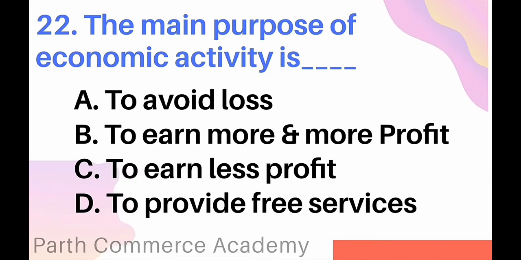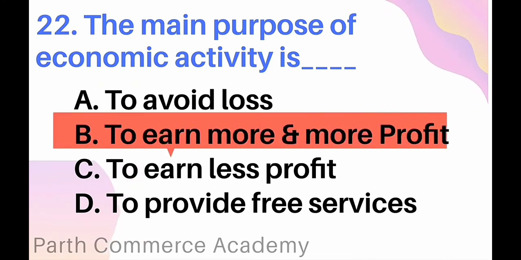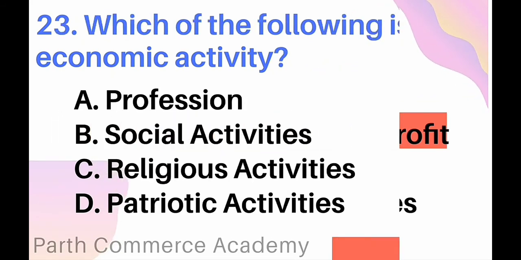To avoid loss, to earn more and more profit, to earn less profit, to provide free services. So when we talk about economic activity, they are interested in earning more and more profit. So the correct answer is option B, to earn more and more profit.